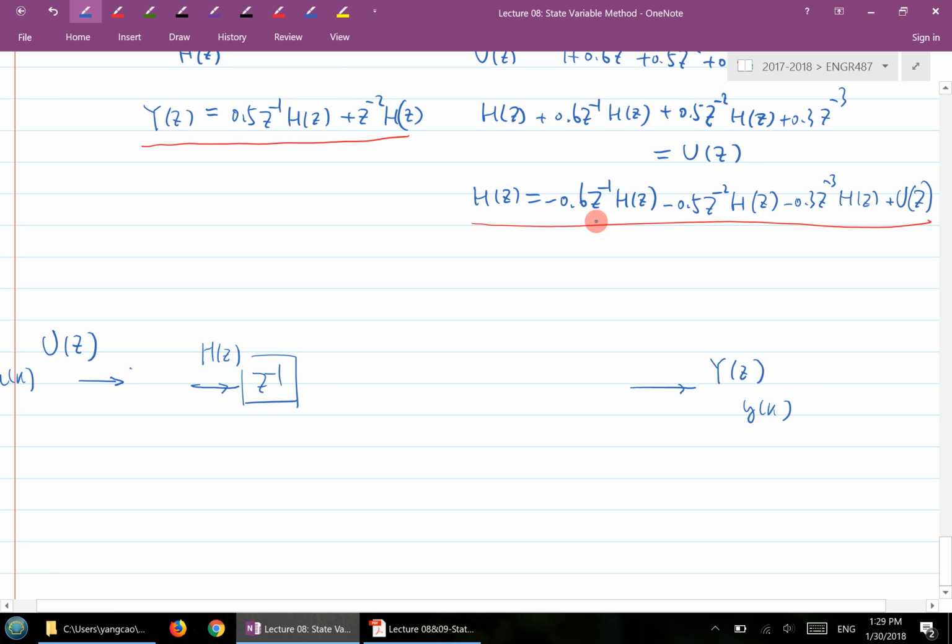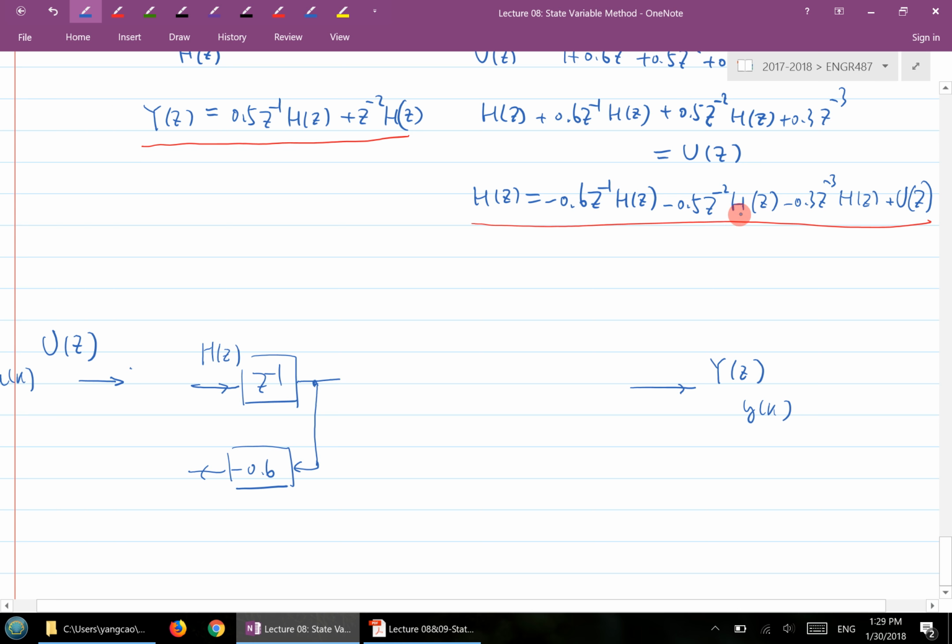One step delay, right? Once this is passed through this, from here we can use it and then multiply by negative 0.6, right? Is that good?